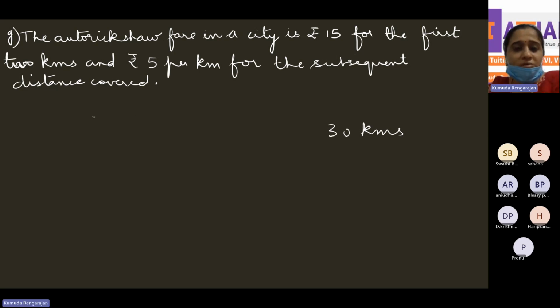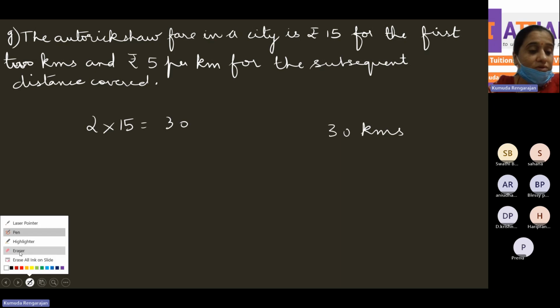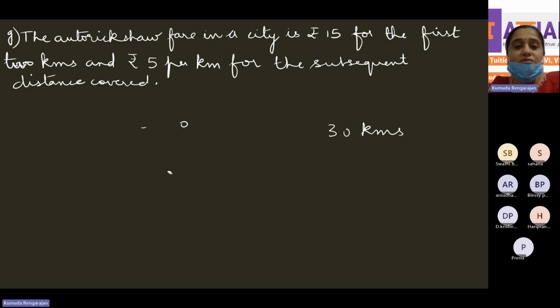For the remaining distance, 30 minus 2, the remaining 28 kilometers, you will not pay him 2 times for the same distance. Oh, for the first 2 kilometers, it's only rupees 15. I'm sorry. The fare is rupees 15 for the first 2 kilometers. It's not each. For the first 2 kilometers, it is only rupees 15.